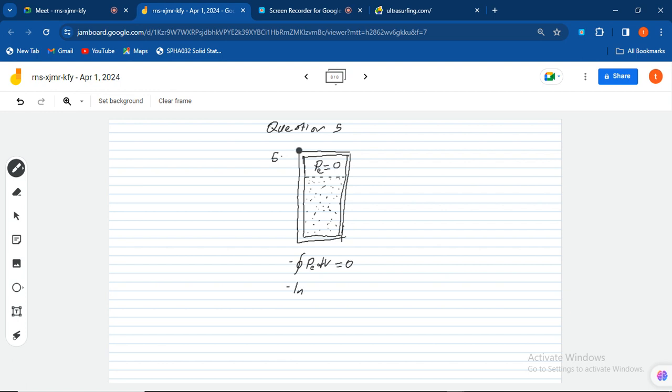And they say in the diagram, a vessel is divided into two by a diaphragm.